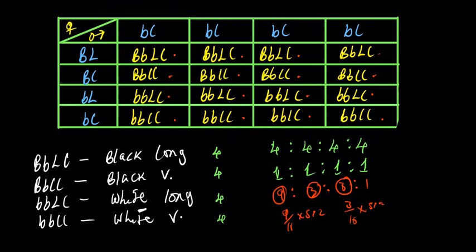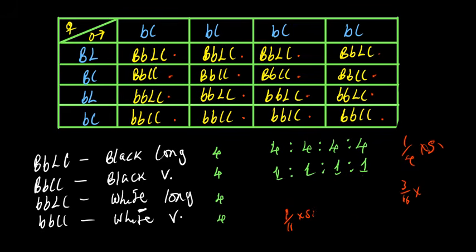Then this one will also be 3 out of 16 multiplied by 512. This one was going to be 1 over 16 multiplied by 512. That's what you do. But in our case, we have the ratios 1 to 1 to 1 to 1. That's why the numbers are the same throughout. If the ratios were like the other case, the numbers were not going to be the same.